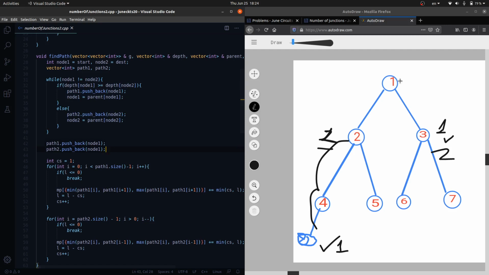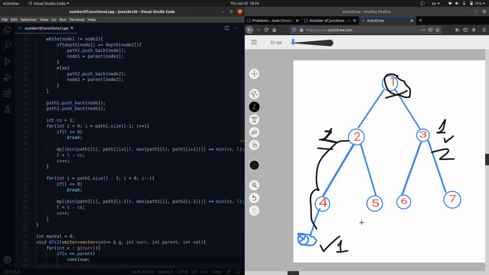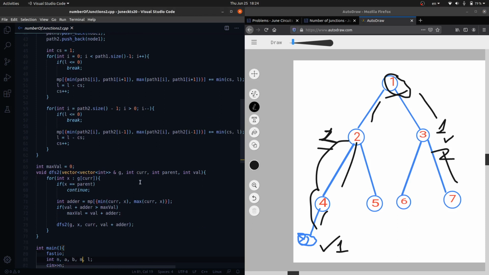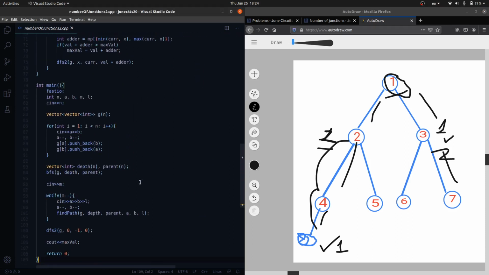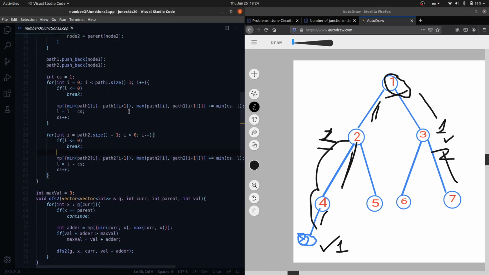Then we need to append this node to both of the paths. Then we will calculate the oil spilled in this path and the oil spilled in this path. Okay, so we have found the path, we have also found the oil spilled, and this oil spilled in the path we are storing again in the map.